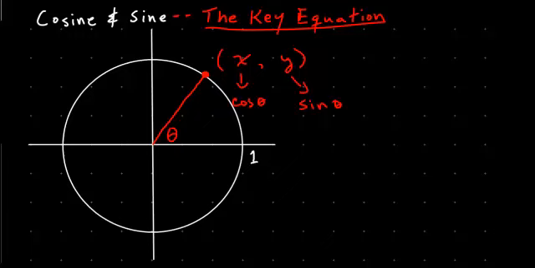So let me sketch a little triangle here. And we see here that this is our x coordinate, and straight down here we have the y coordinate. That's over x, up y. That gives me the coordinates x, y. And that gives me the right triangle that you see here.